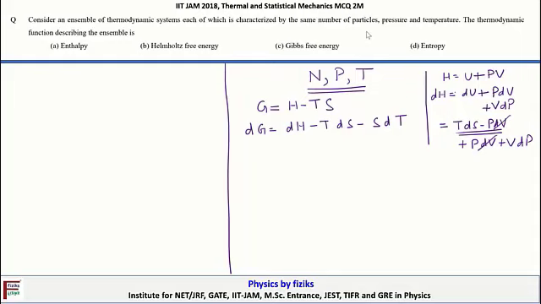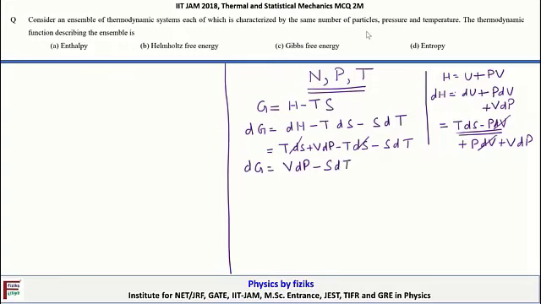Here we replace dH, which is equal to TdS plus VdP, minus TdS minus SdT. Some of the terms cancel, so at the end dG is equal to VdP minus SdT.